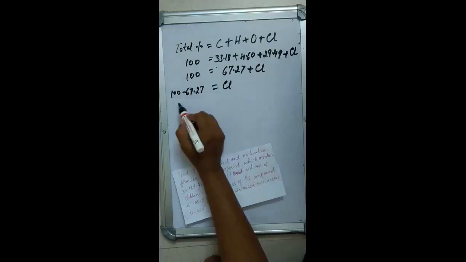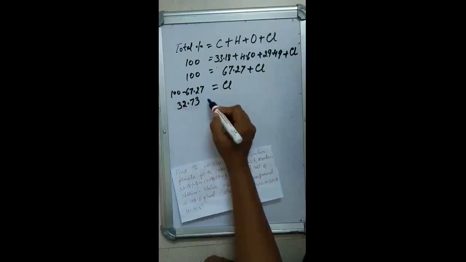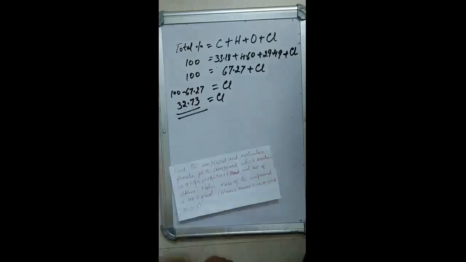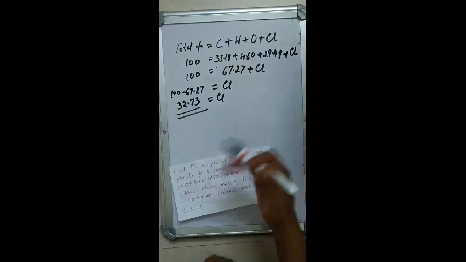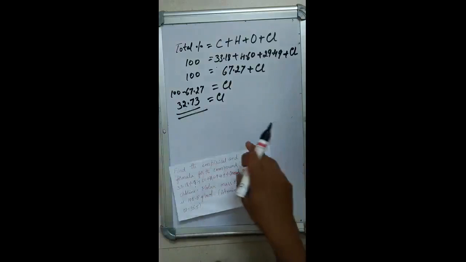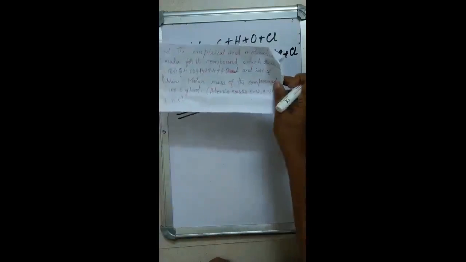So what is the answer you will get? 32.73. So the percentage of chlorine is 32.73. Then as usual, you have to continue the calculation. I will not do it, consider this as homework, and complete the homework.